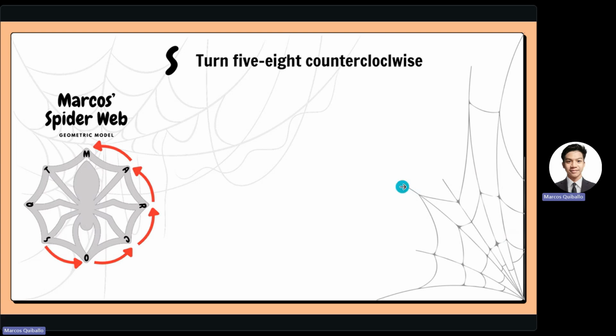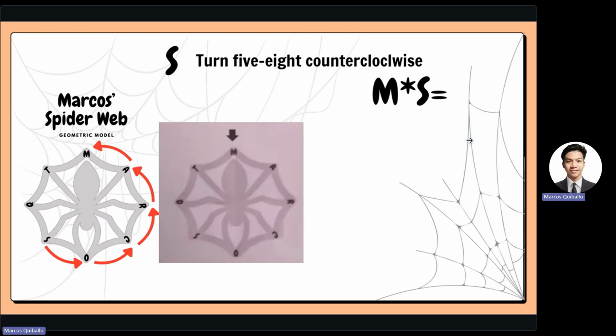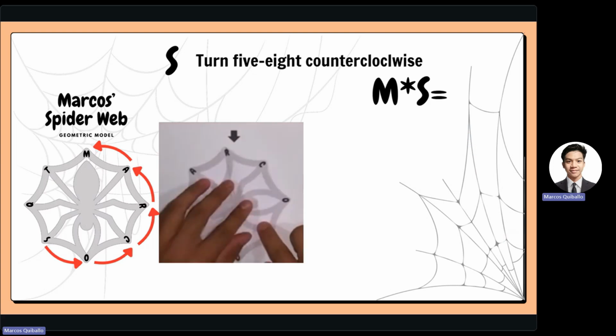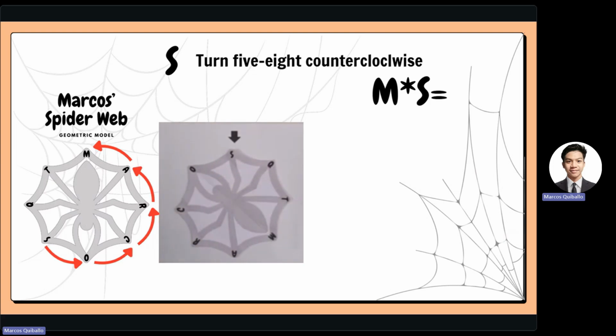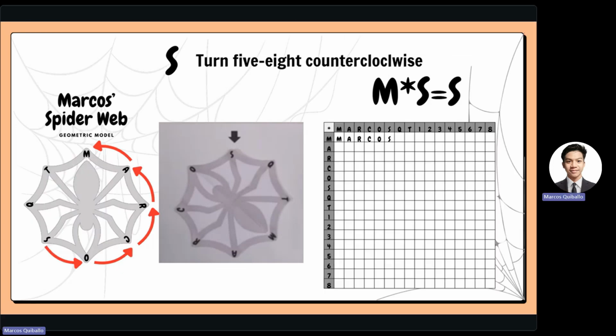And if our initial position is element M, and we operate it on S, which is defined as turn 5/8 counterclockwise, in the video presented, when we turn 5/8 counterclockwise, the resulting element is letter S. So M star S is equal to S. So here is our table.